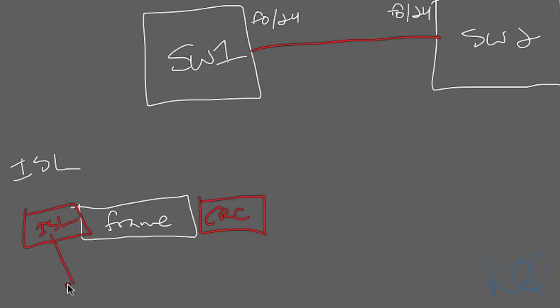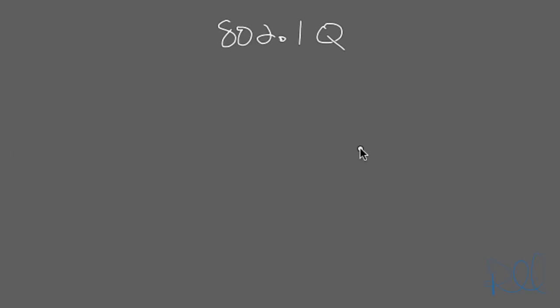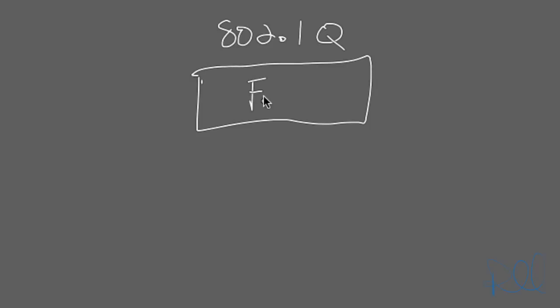Within the ISL header is where the VLAN number is placed. Now with 802.1q, the standards-based one, it doesn't encapsulate the frame, and what it does actually is within the frame, it'll insert a 4-byte tag, and within that tag is the VLAN identifier.